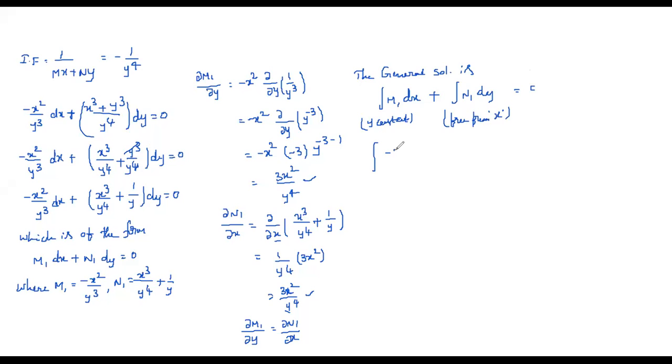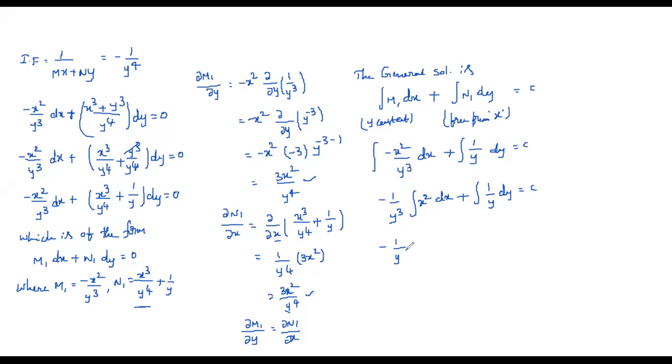So m1 is minus x square by y cube dx, plus n1 we have to choose without having x. If you observe, without having x we have only one term, 1 by y. So 1 by y dy is equal to c. With respect to x we are applying integration, and y is a constant: minus 1 by y cube integral x square dx plus integral 1 by y dy is equal to c.